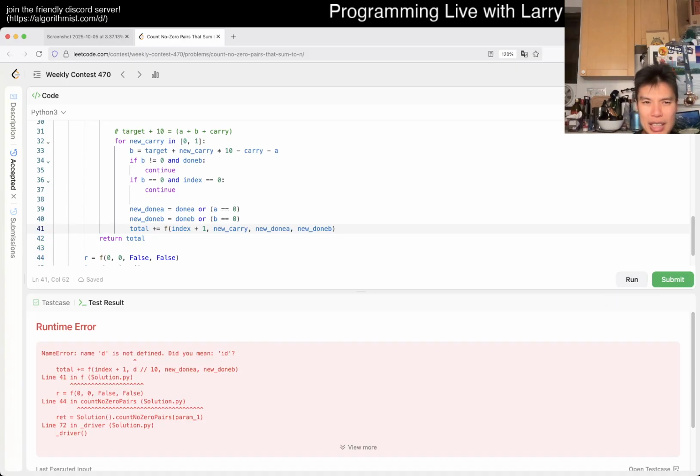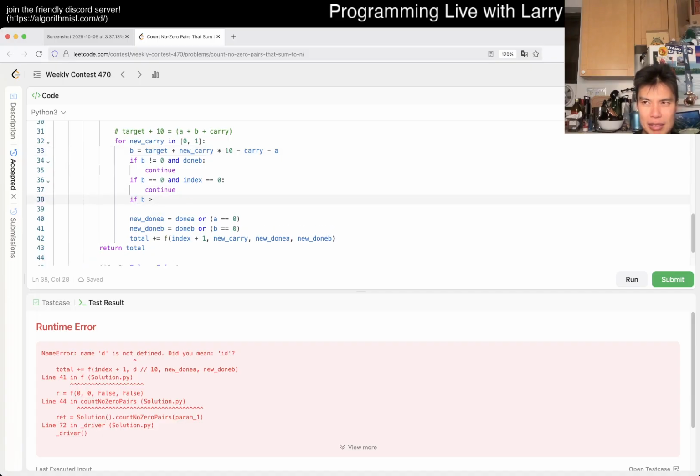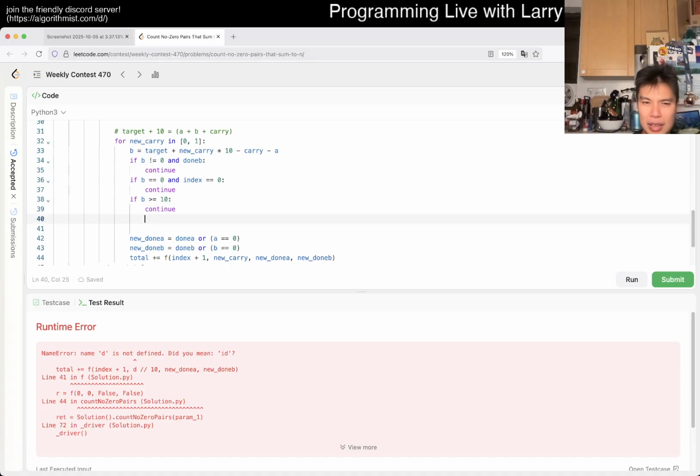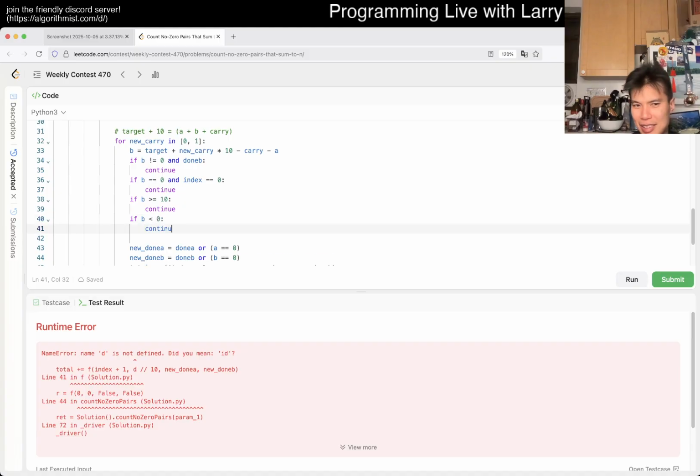Do I think I have to check that B is less than, yeah. So if B is greater than 10, we continue for obvious reasons. Could be negative too, I think, maybe. Okay. If B is less, I suppose, right?